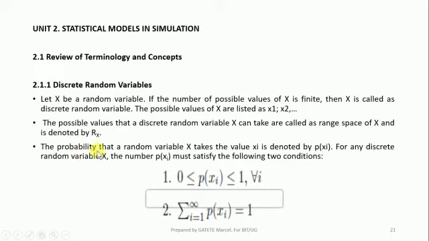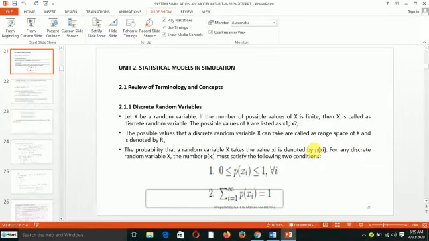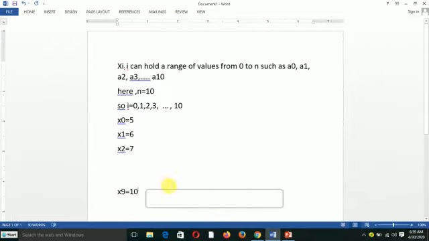So the probability that a random variable x takes the value xi is denoted by p(xi). It means that the probability that the random variable x takes the value 7 is going to be called p(xi). So what is p(xi) here?